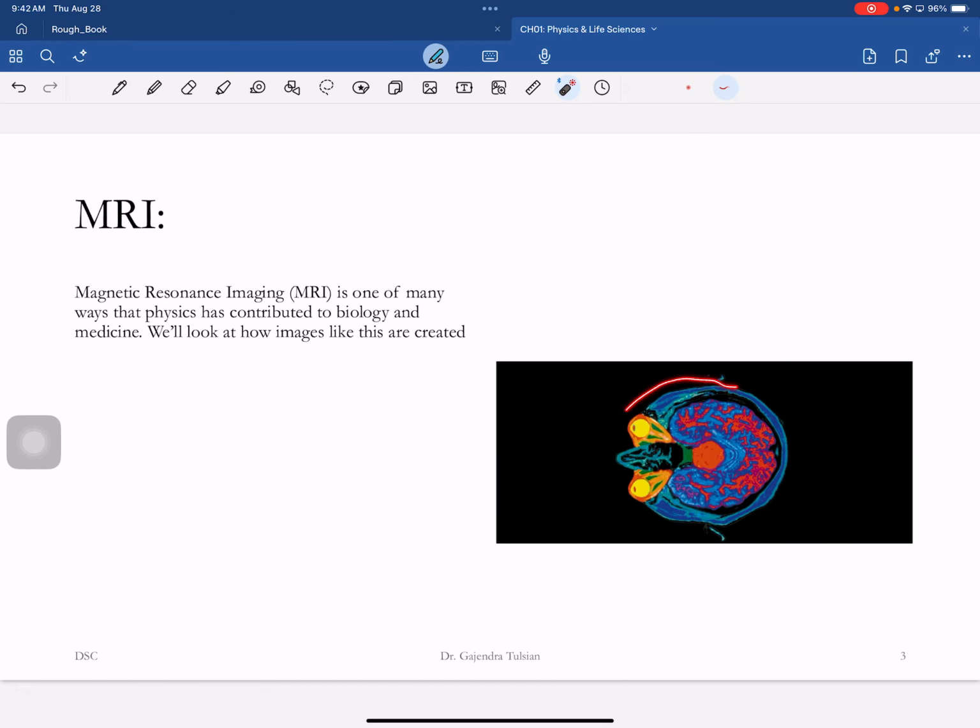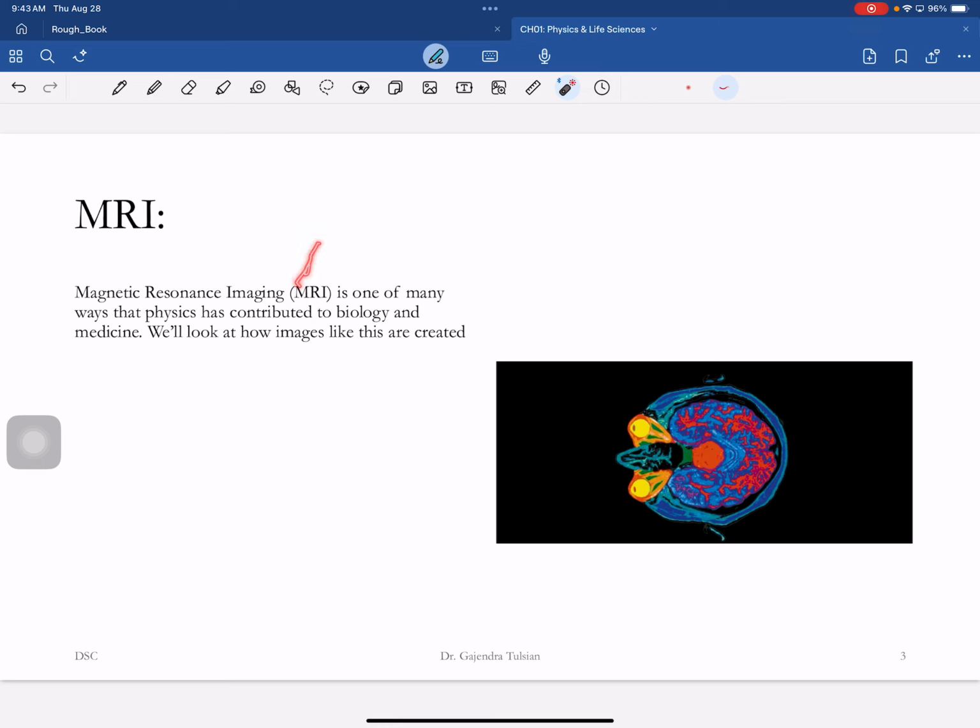Okay, here is an image taken by an MRI machine. Okay, we'll learn how this image is taken. Do you guys know what MRI stands for? Magnetic resonance imaging. All right.